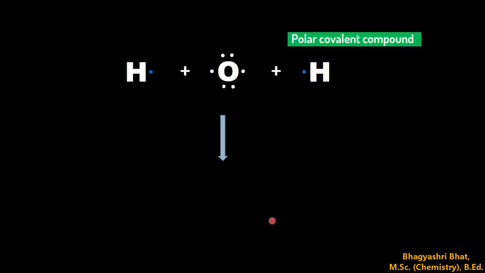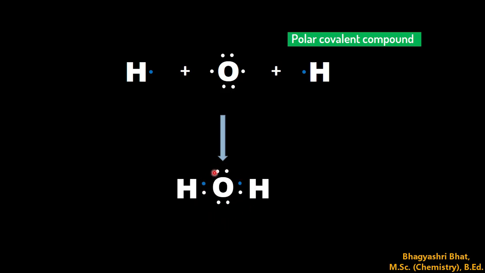Then we move on to the next molecule, that is water. In water we can see one oxygen atom and two hydrogen atoms. These two hydrogen atoms are short of 1 electron to attain the duplet structure, and this oxygen atom is short of 2 electrons. So here the oxygen atom shares 1 electron with each hydrogen atom. By doing so, it attains the octet structure.